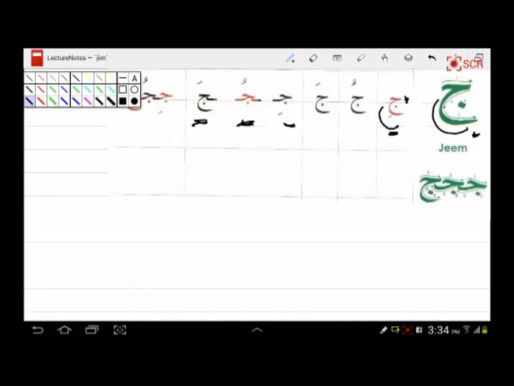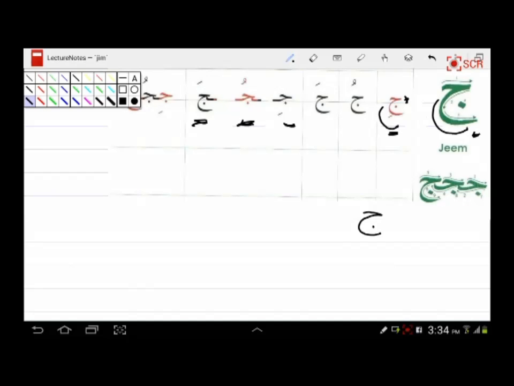So how am I going to write this letter? I start with something I call the eyebrow, just a little bit of a curve. You start above the line with a little bit. Then you start making a C, or a trail, below the line. And then don't forget your dot in the middle.